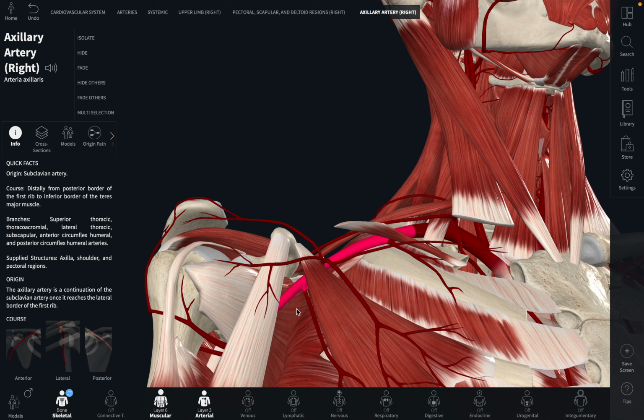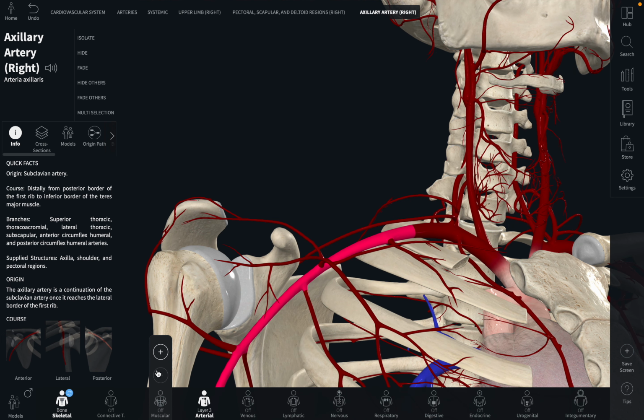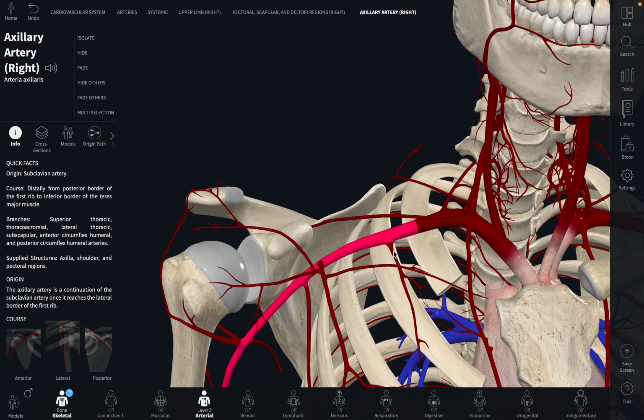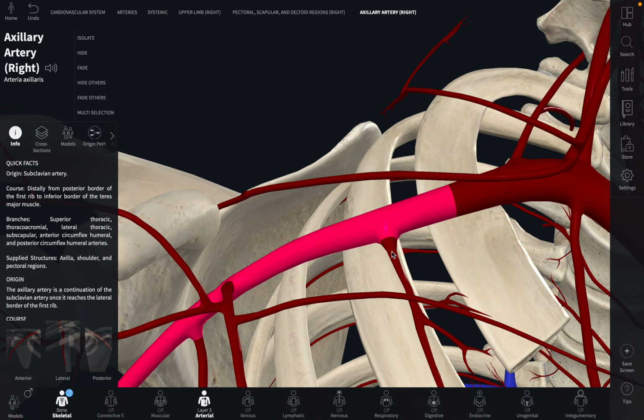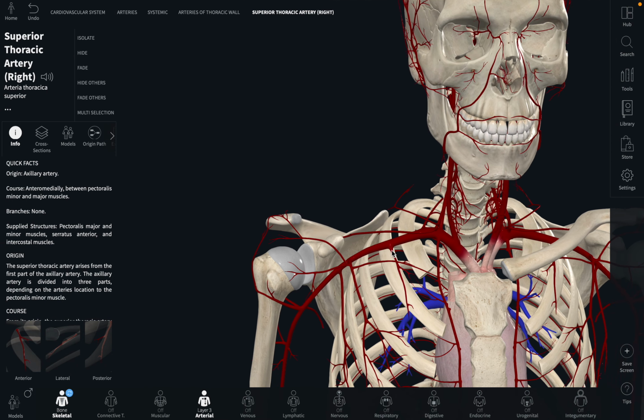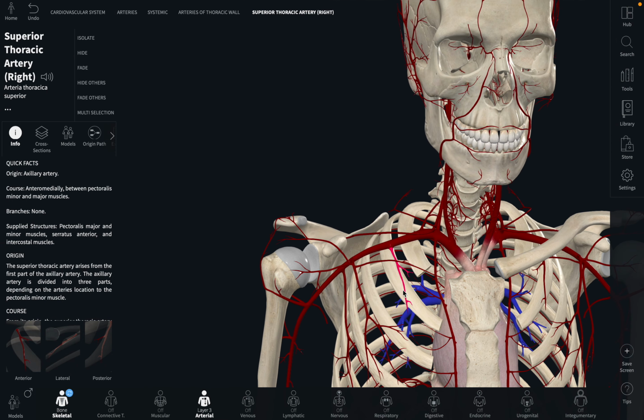So it's very easy. Let me remove the muscle, so we'll talk about those branches. Okay, now this is the first branch. This first branch gives us what we know as the superior thoracic artery. You can see that this superior thoracic artery will supply the pectoral region. So once you know all these arteries, when you are talking about any muscle, just mention them.